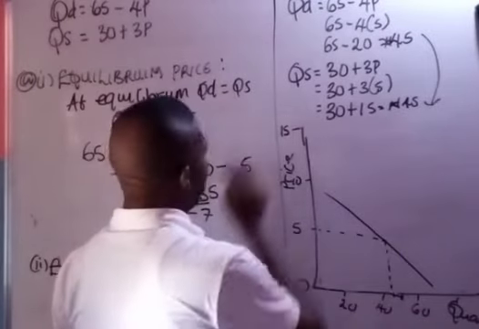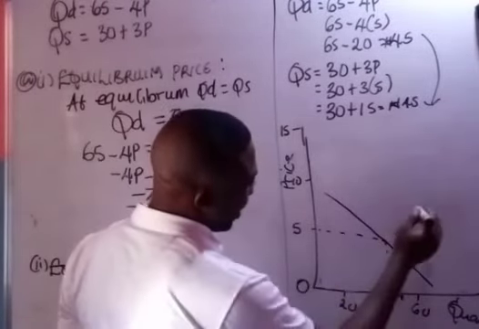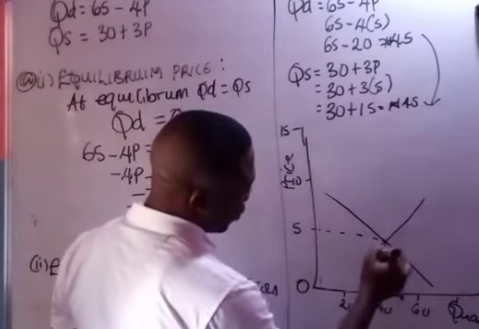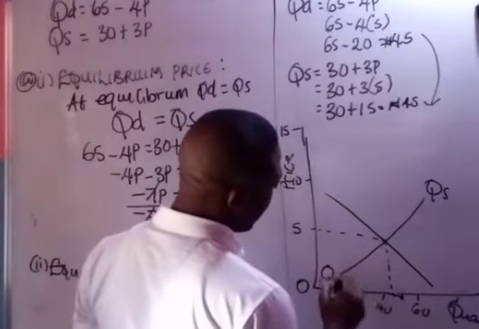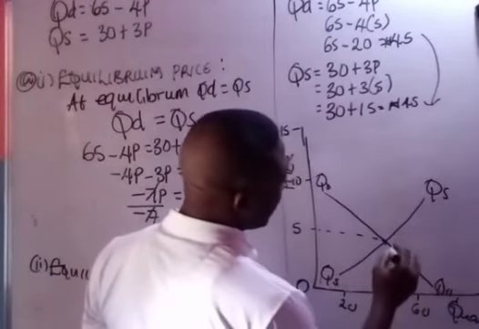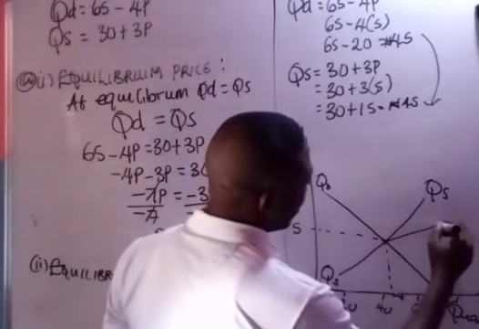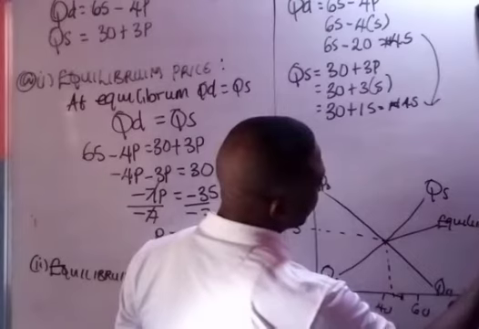Also, when the price is 5, quantity supplied is 45. So this is quantity supplied, this is quantity demanded. Okay. Now this point is what we call the equilibrium point.